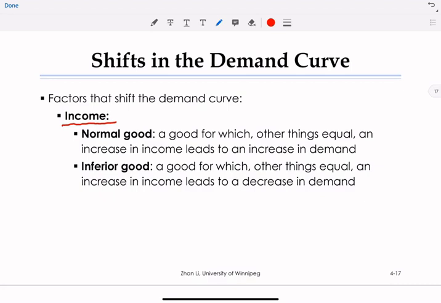So just think about any examples which could fit into this definition of normal good. Well, maybe you could say a fancy restaurant meal, right? If you have more money, potentially you could dine out more, right? You could eat more fancy meals, right? So this could be an example of a normal good.